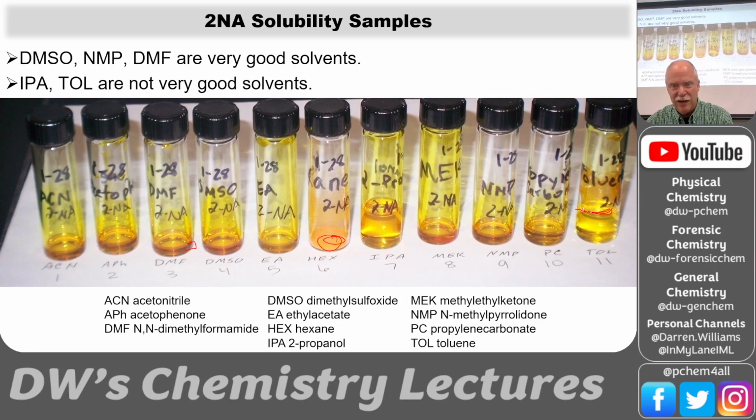If the level of toluene is up here before it goes completely into solution, then it's less soluble in toluene than it is in MEK or in NMP or propylene carbonate. So we had masses of all of these, and it was a very easy way to determine the solubility of this substance in all of these different solvents.